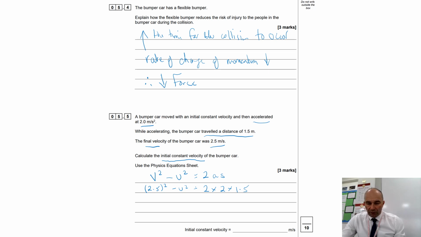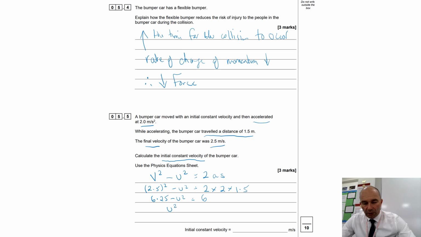We now need just to start multiplying through these numbers. So 2.5 squared gives you 6.25 minus u squared equals 2 times 2 is 4, multiplied by 1.5 gives you 6. We now need to get u squared by itself. Let's make it positive, so we'll swap to the other side.